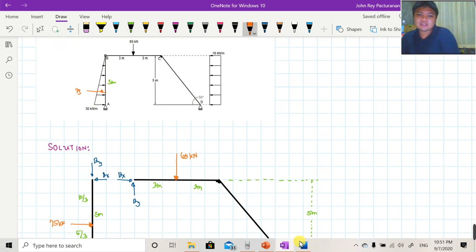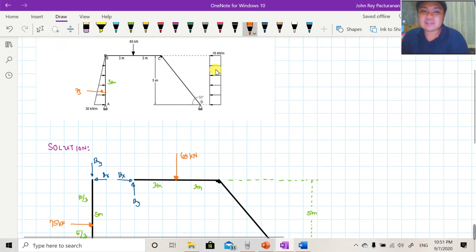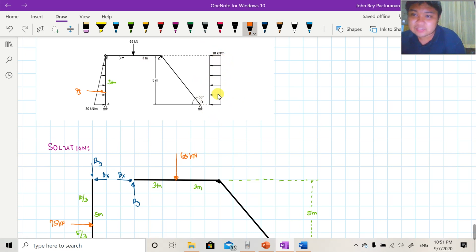On the other hand, ang gusto ko ngayon dito class na bigyan ng emphasis is yung ganitong load. May 18 kilonewton per meter tayo na distributed load and that is horizontal load, di ba? So kung distributed load and that is a projected load. Okay? So this is a projected load. So by the way, the inclination of that is 50 degrees.